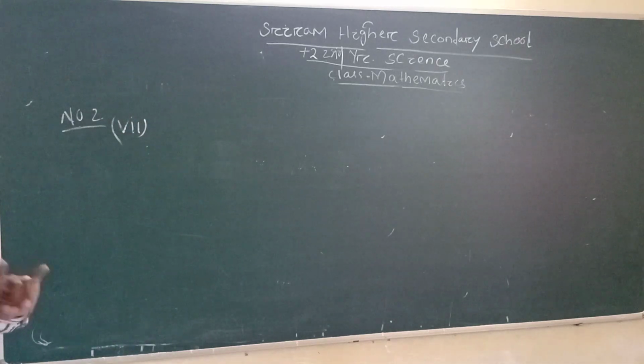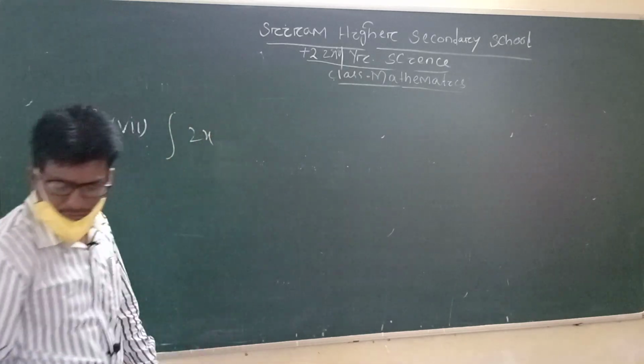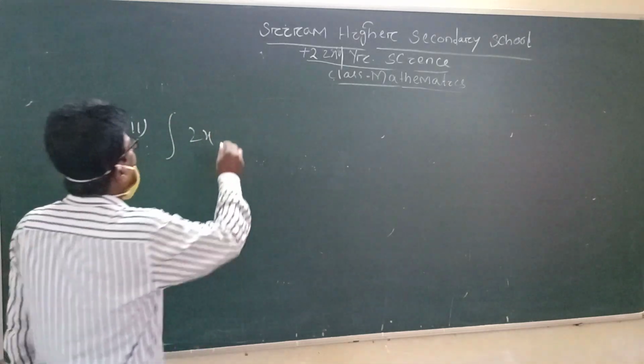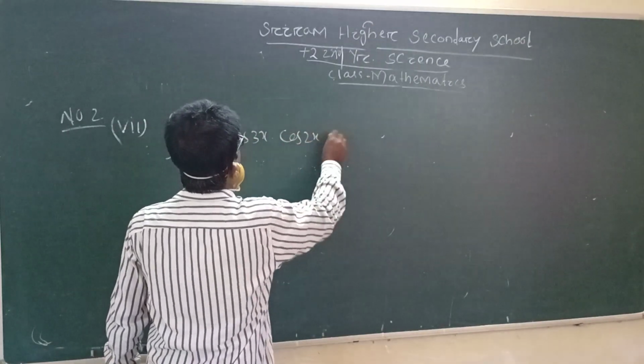Number V2i, that is integration of 2x cos 3x into cos 2x dx.